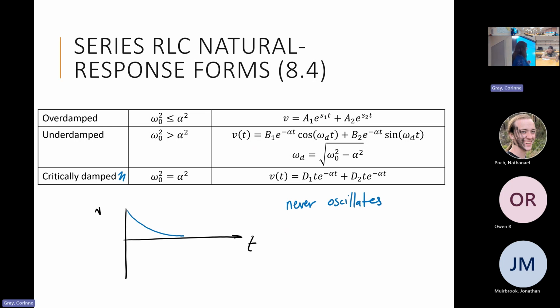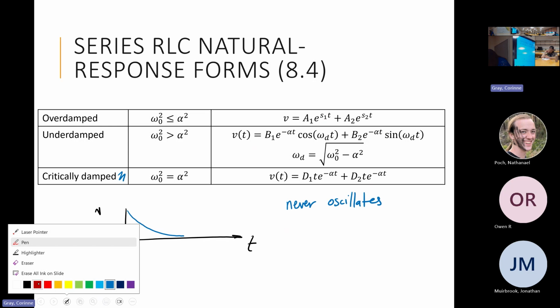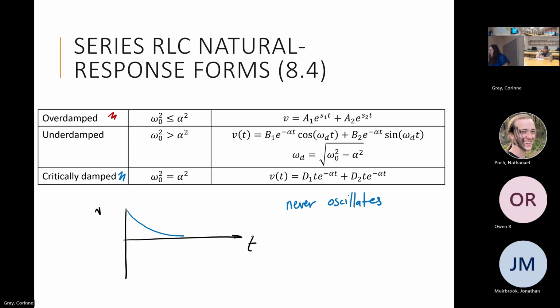With over and underdamped, overdamped is not fun. For overdamped, we have two negative exponentials, but because of how s works, they're going to have different numerical values. Overdamped, by the way, is sometimes called strong damping.